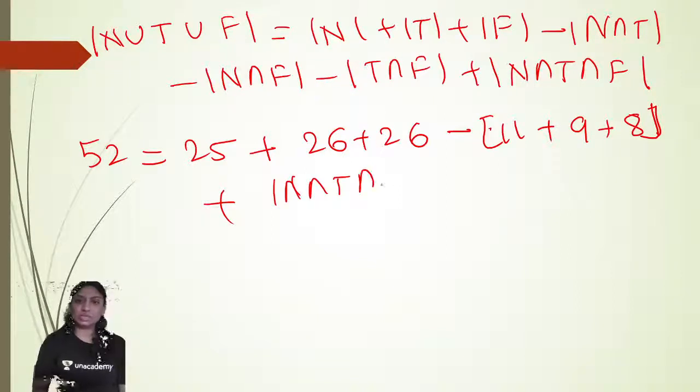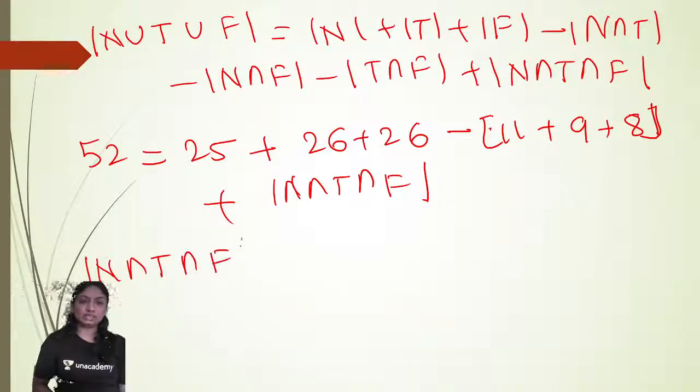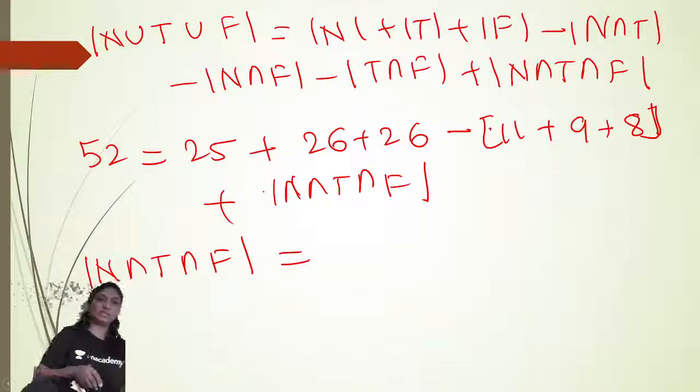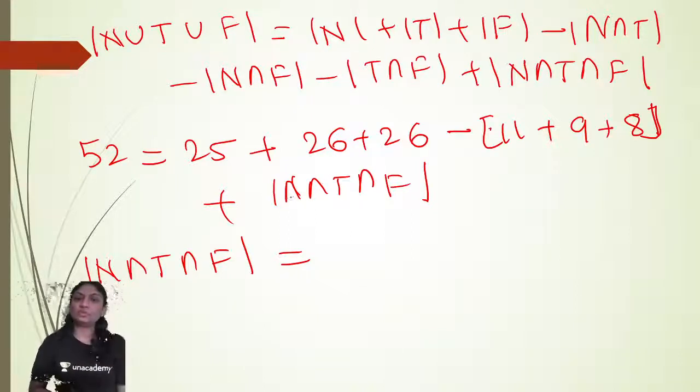So N intersection T intersection F is equal to 52 minus 77, and 25 plus 26 plus 26 is 77, so minus 25, plus 28, which gives 3.